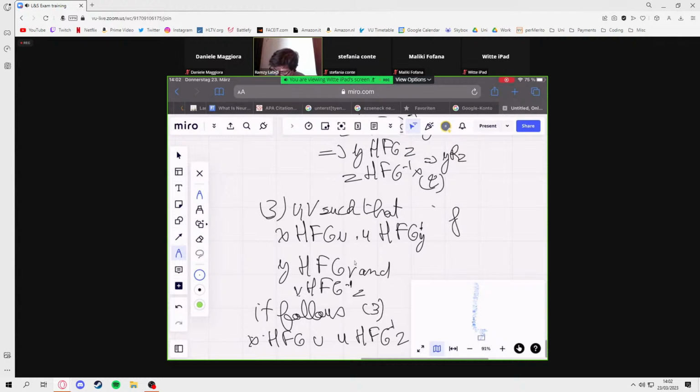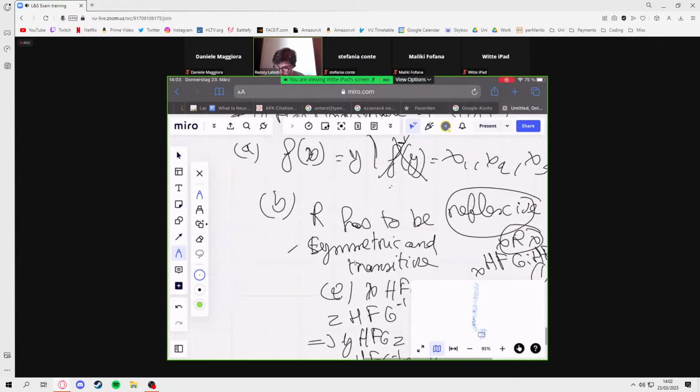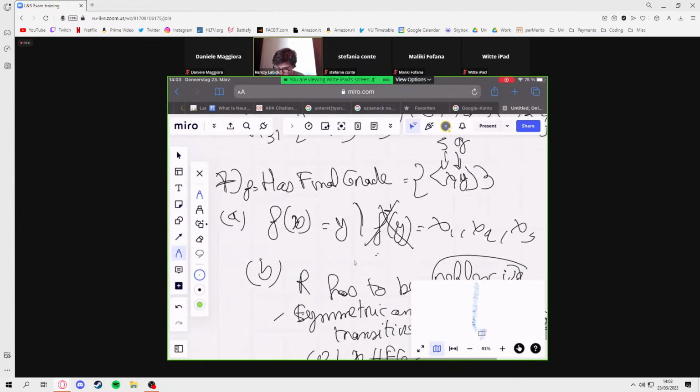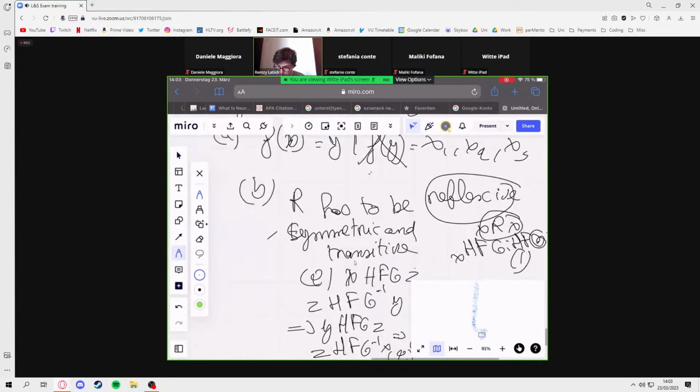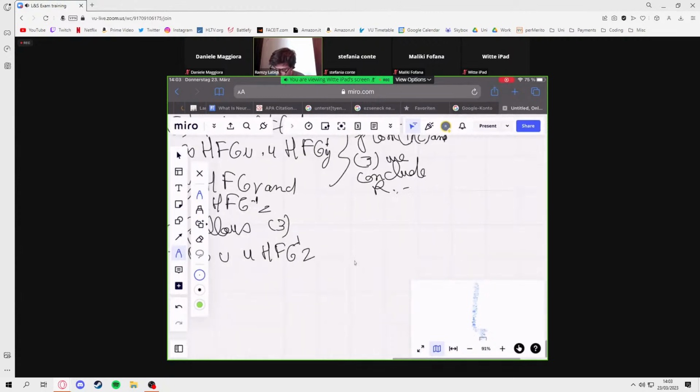From 1, 2, and 3, we conclude R being basically both our functions is equivalent.